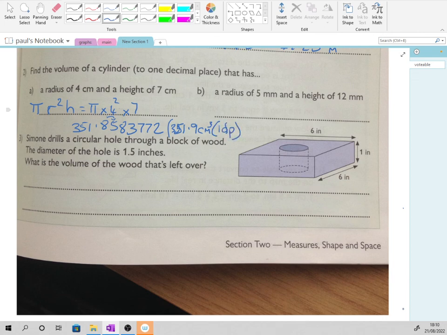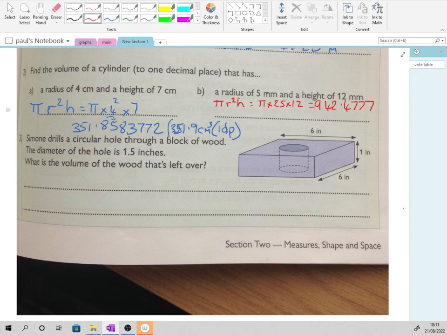We're out of room here, so let's do a different color. This one, a radius, is pi r squared height, which is equal to pi times radius, 5 5 is 25 times 12 equals, so pi times 25 times 12 is 942.4777.